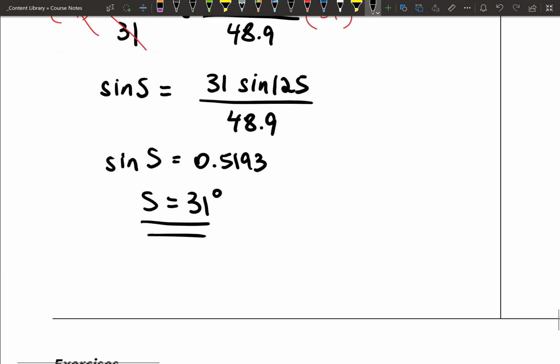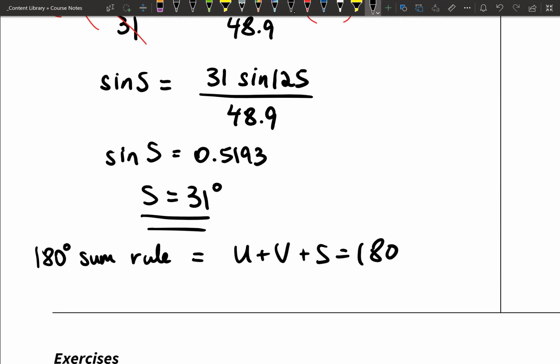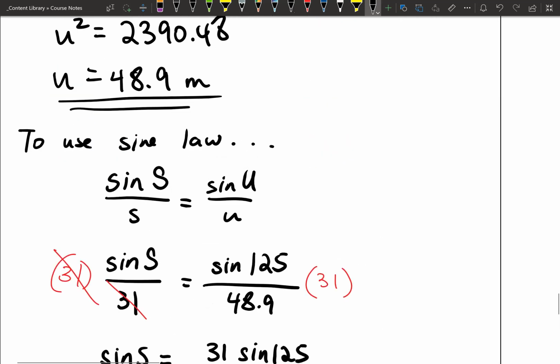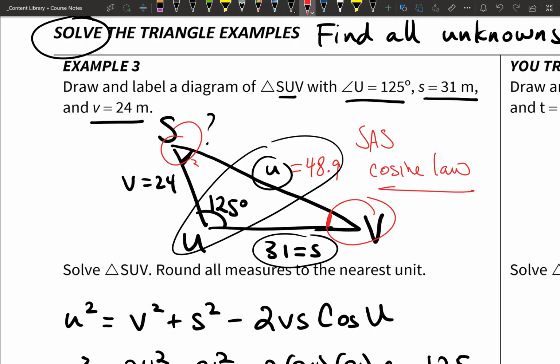And if I want to find the final angle, use the 180-degree sum rule, which says that u plus v plus s equals 180. So what's missing? Well, we have S as 31 degrees, right? So now we can put that in. We're missing angle V, okay?